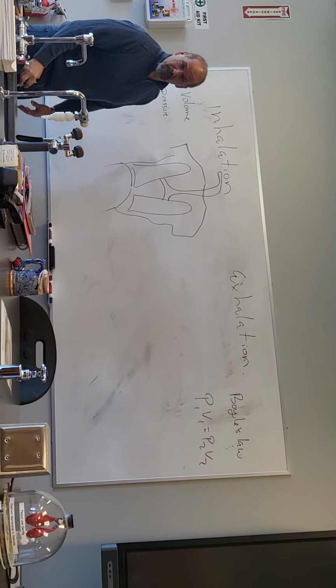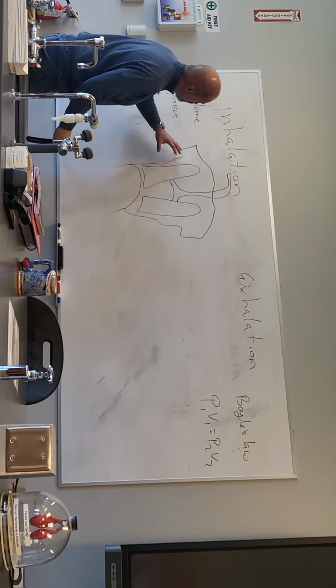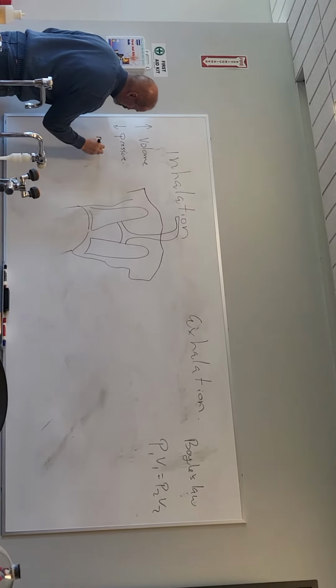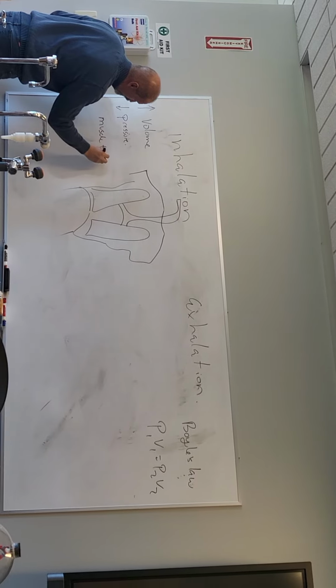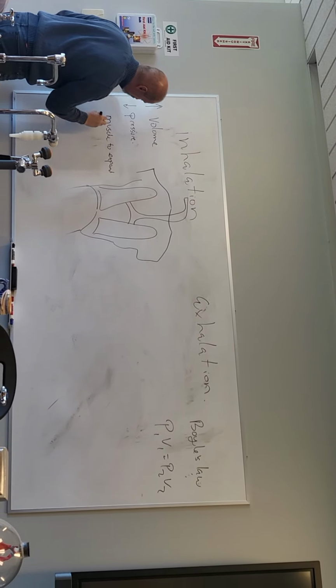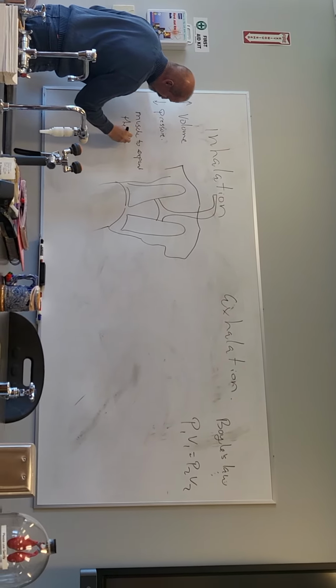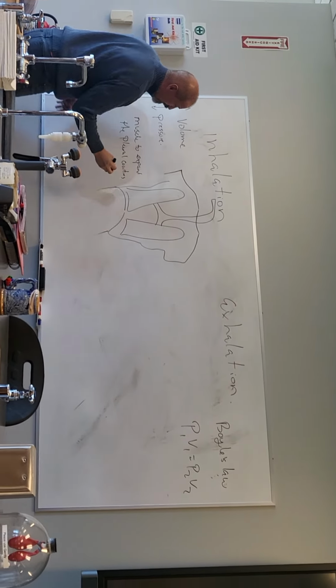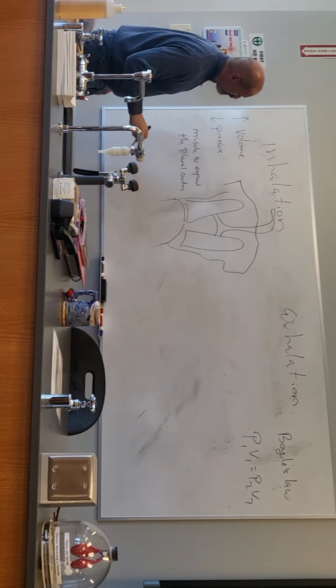You get the idea what we're going for here? Yep. So what we want to do is use muscles to expand the pleural cavity. Of course, the pleural cavity is in the thorax, but if we expand the thorax, we expand the pleural cavity.